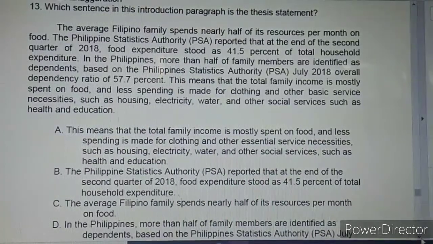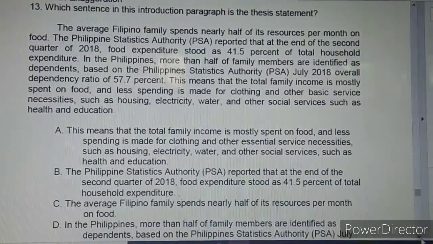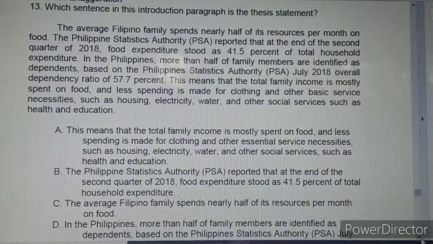Now number 13. Which sentence in this introduction paragraph is the thesis statement? The average Filipino family spends nearly half of its resources per month on food. The Philippine Statistics Authority, or PSA, reported that at the end of the second quarter of 2018, food expenditure stood at 41.5% of total household expenditures.